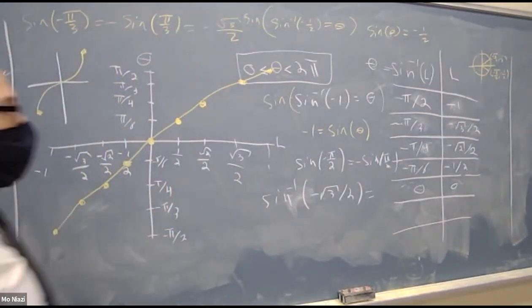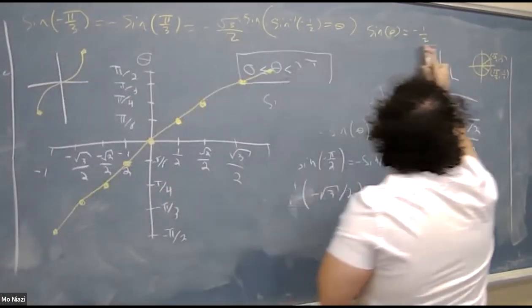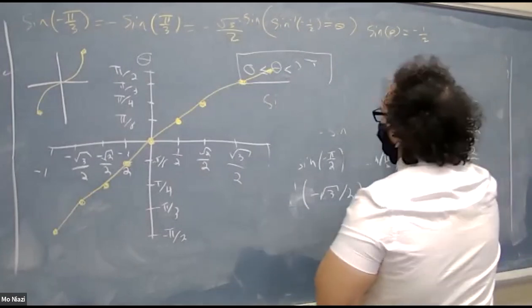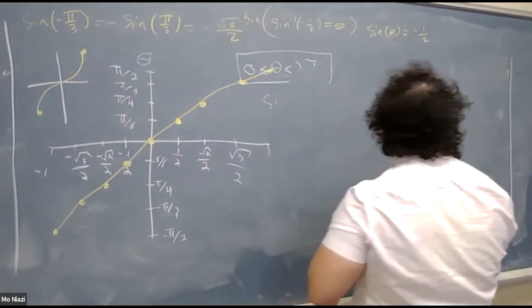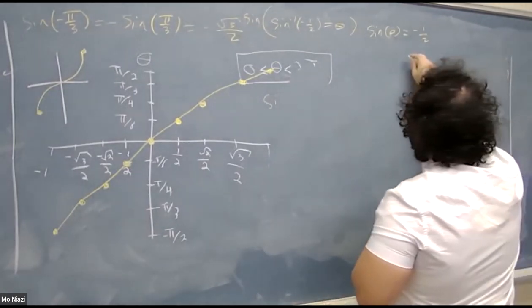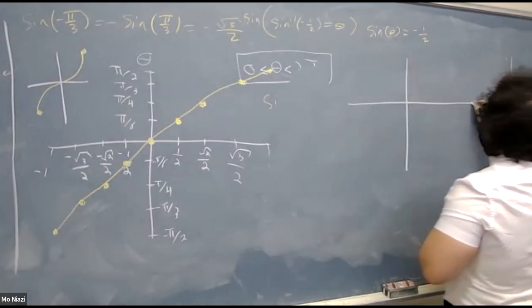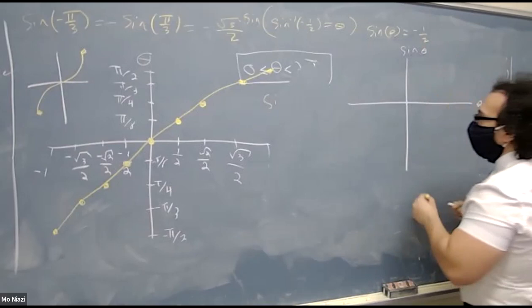Really, that's just a piece of the sine curve, just flipped. It's just rotated. So if we have your theta, your sine of theta, it's this part.